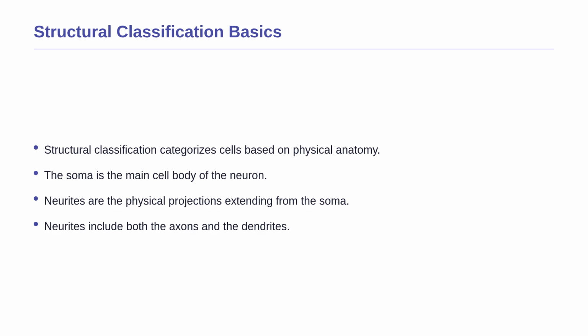Extending outward from this soma are physical projections called neurites. These neurites act as the biological wires of the cell and include both the axons, which send signals away, and the dendrites, which receive incoming signals. By simply counting the number of these projections, we can create strict, objective rules for categorizing cells without any human bias.